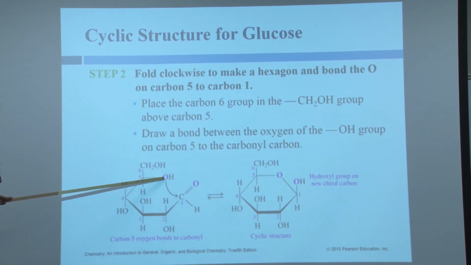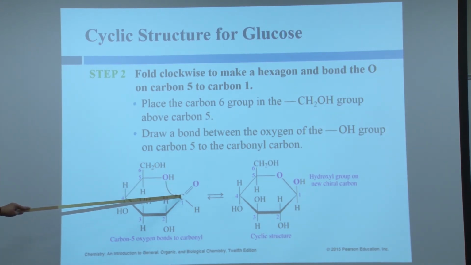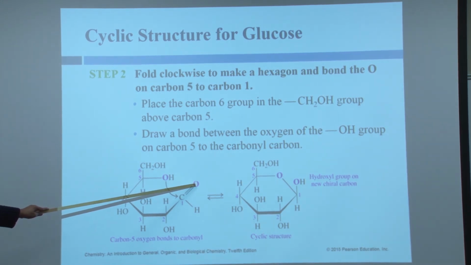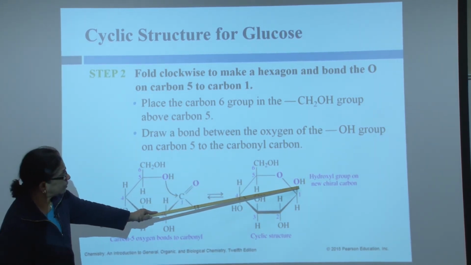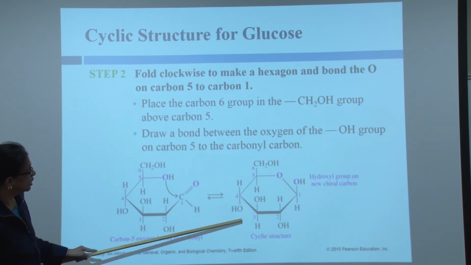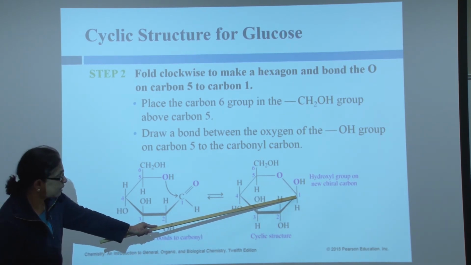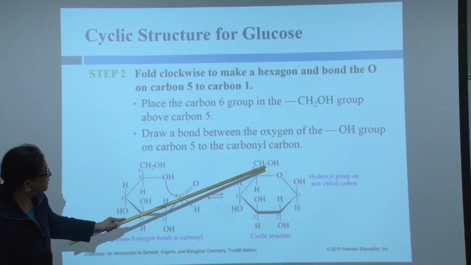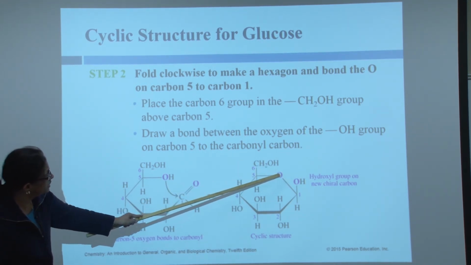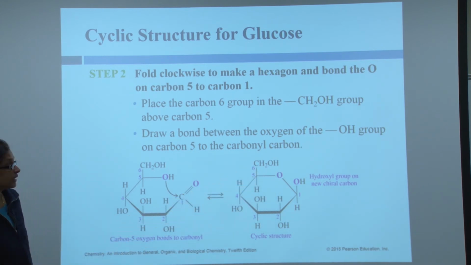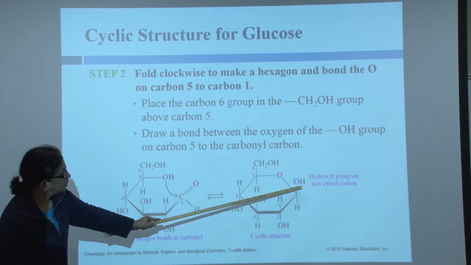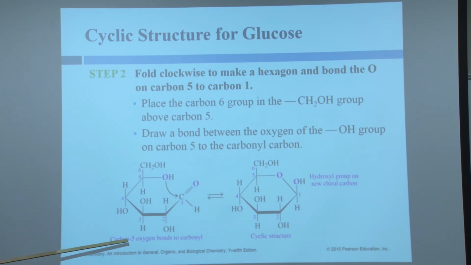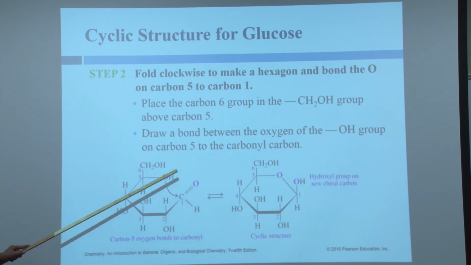This oxygen from carbon 5 bonds with carbon 1, and the hydrogen in the hydroxyl connects to the oxygen to set up a hydroxyl group. This becomes a hydroxyl. So this is carbon 1 with the carbonyl group, carbon 2, 3, 4, 5, and this is your carbon 6, and this is where the oxygen is connecting the ring. So this is the new cyclic structure. This is the Haworth structure.